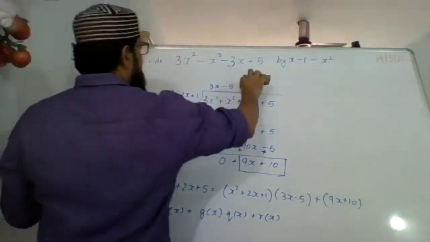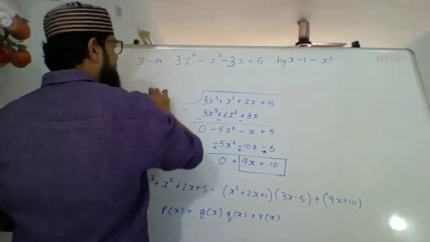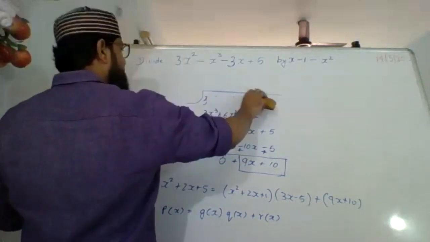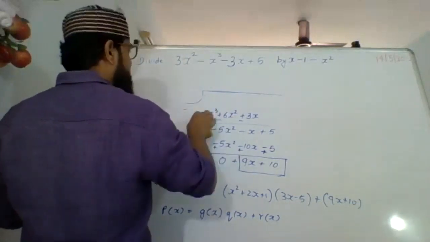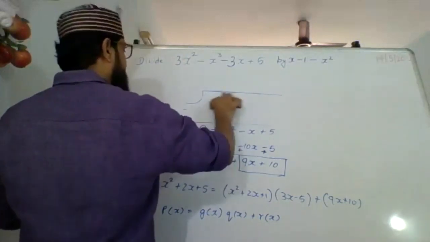Now, we will follow the same steps, but as we had seen in 9th standard, while we are going to do division, the important thing is we have to write the polynomial in the decreasing order of the indices.